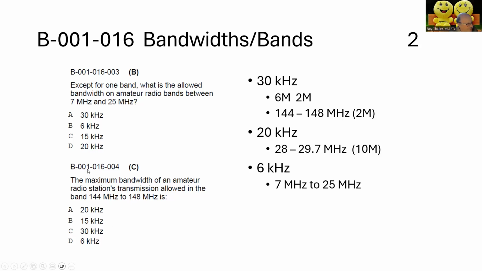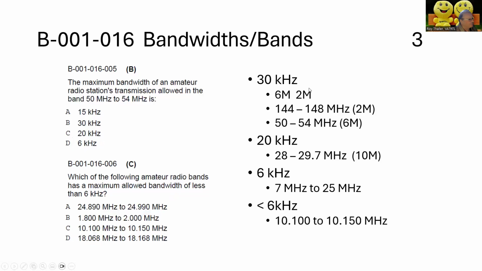So typically for HF, it's 6 kilohertz or less, and then around the 30 megahertz mark, it's 20 kilohertz, and then higher up is 30 kilohertz for the VHF bands. For 50 to 54 megahertz, which is the 6 meter band, the limit here again is 30 kilohertz.